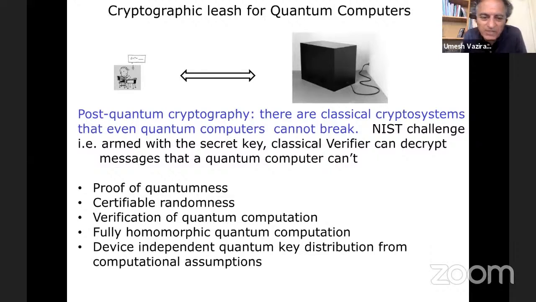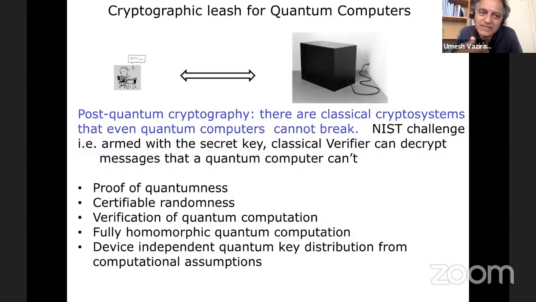Okay, so let me give you an overview of what this new area is. What it provides is a way that a classical verifier can actually constrain the quantum computer through the use of post-quantum cryptography.